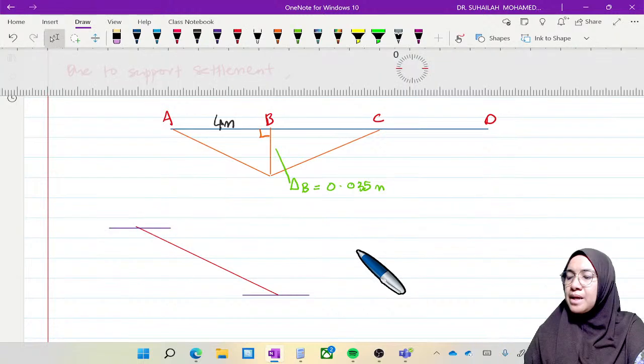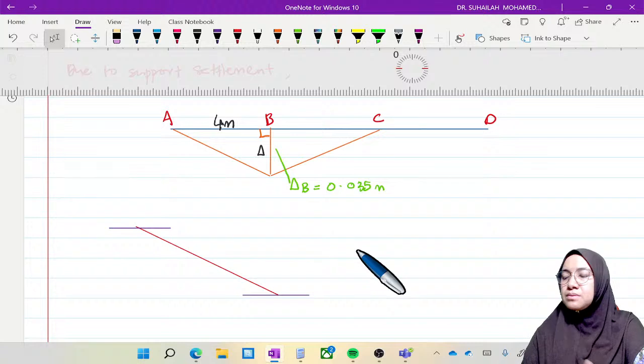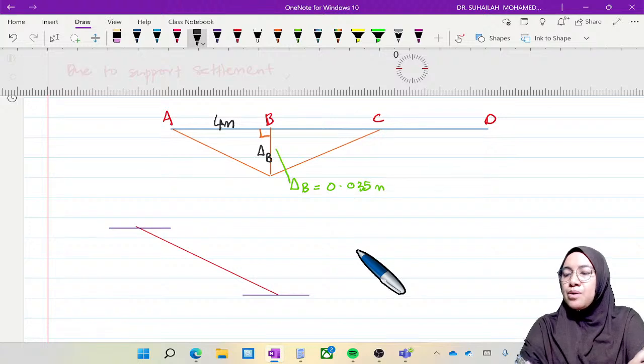And delta is 0.035. This is delta B. Between L of AB and delta, it is perpendicular.